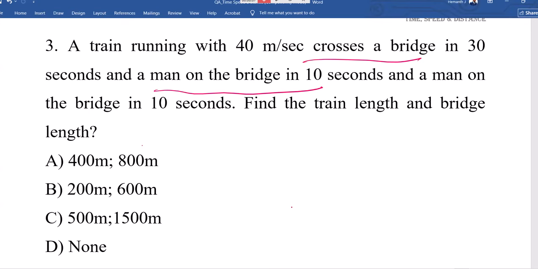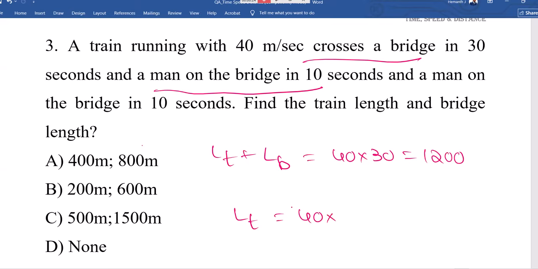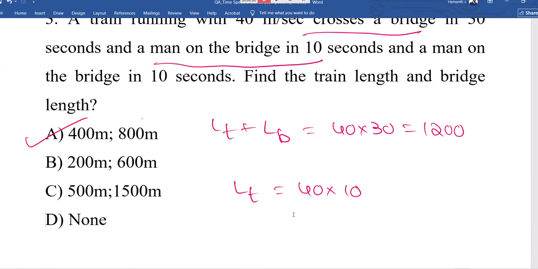The first one is length of the train plus length of the bridge. Distance is speed into time, which is 1200. Next, the train crosses a man on the bridge, so only the length of the train comes into the picture. We got this as 400. Adding together 1200, the other one should be 800.